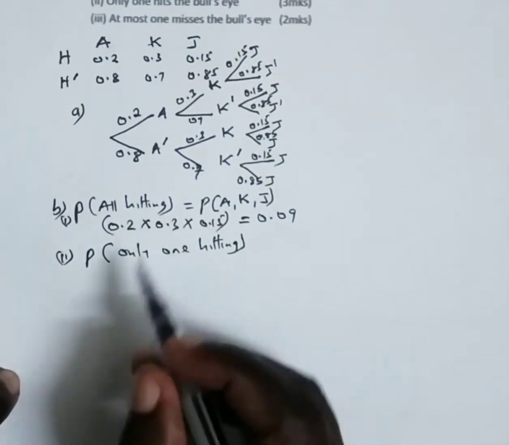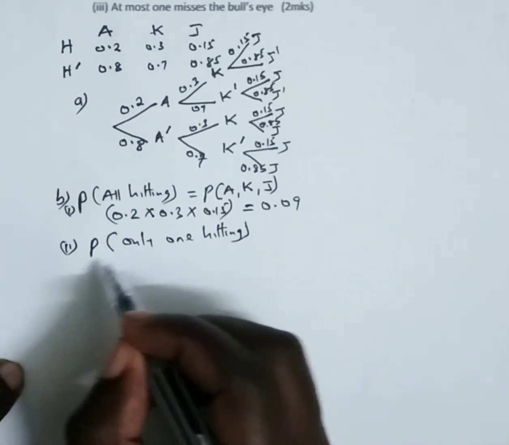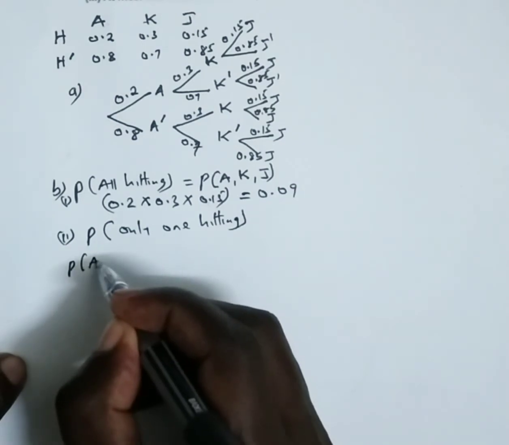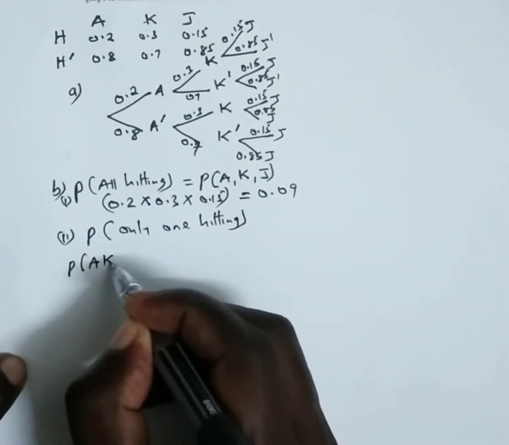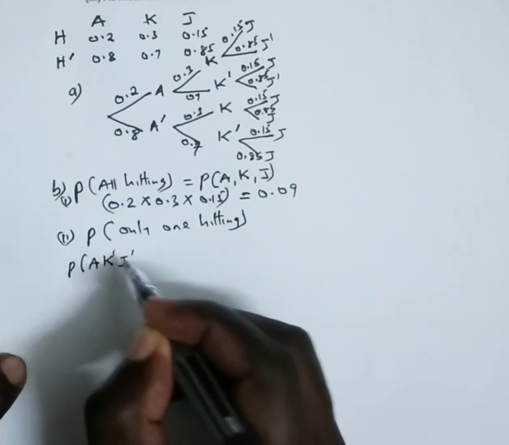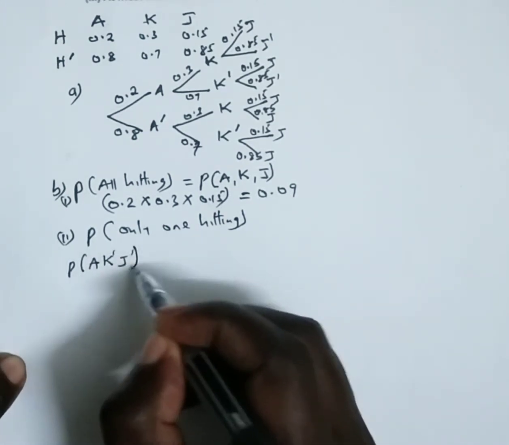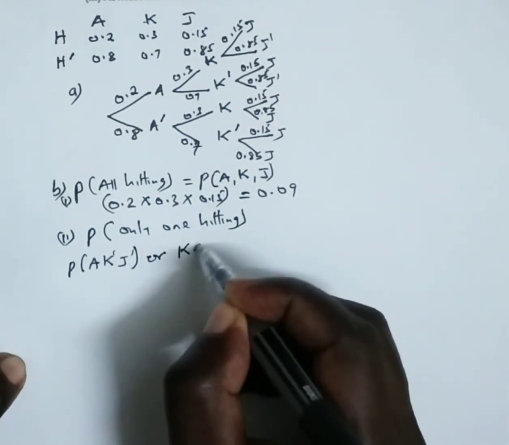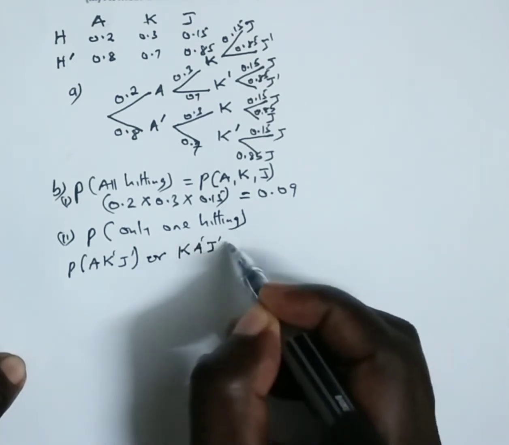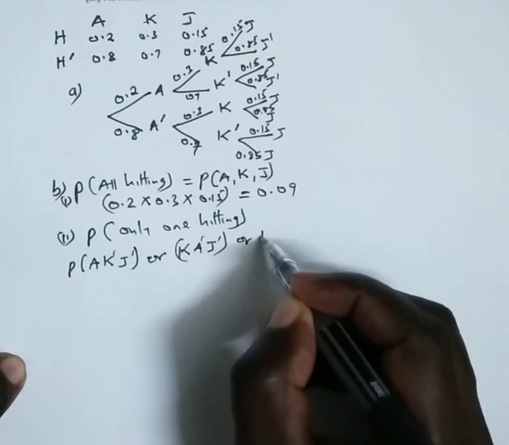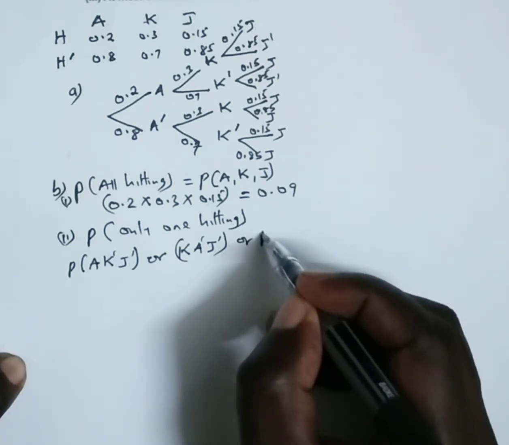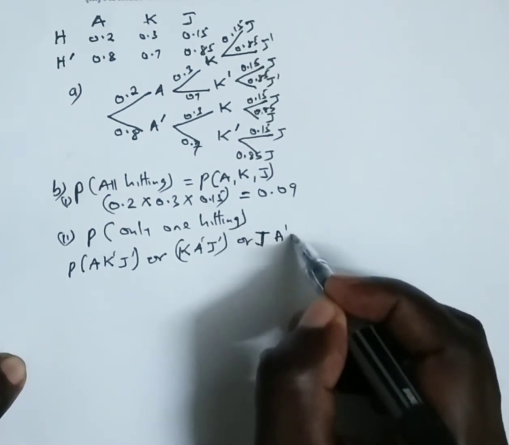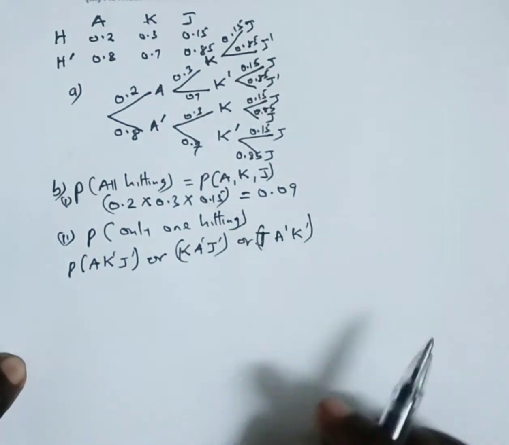That is to say, it is getting the probability of Akinyi hitting, Kamau and Juma missing, or if Kamau hits, then Akinyi and Juma will both miss, or if Juma hits, then Akinyi and Kamau will both miss.